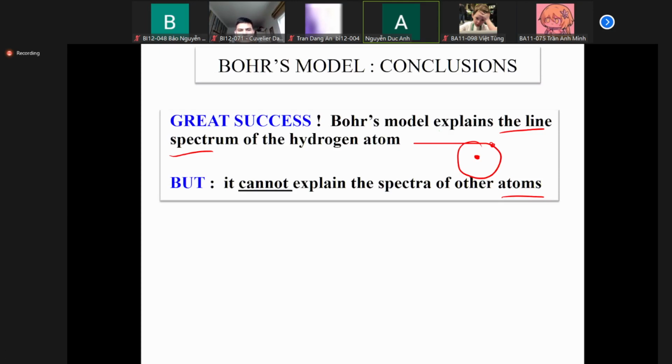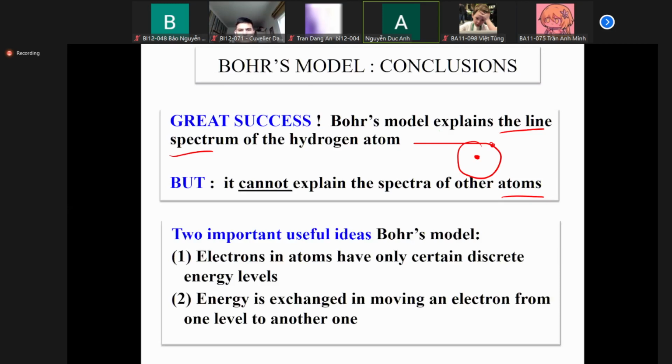Okay, but as I said, the Bohr model is only a part of the quantum model. So we are using 2 useful ideas from the Bohr model. Firstly, electrons in an atom have only certain discrete energy levels, as shown by the quantum number n. And the second one, energy exchange in moving an electron from one level to another.